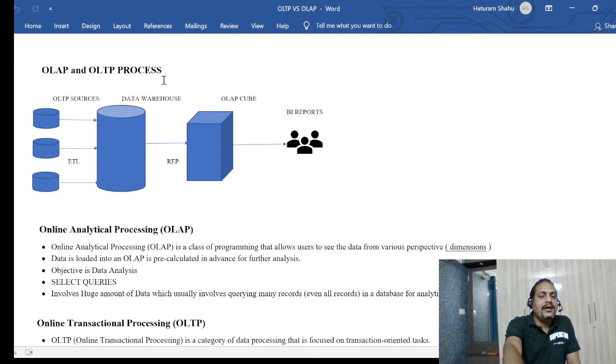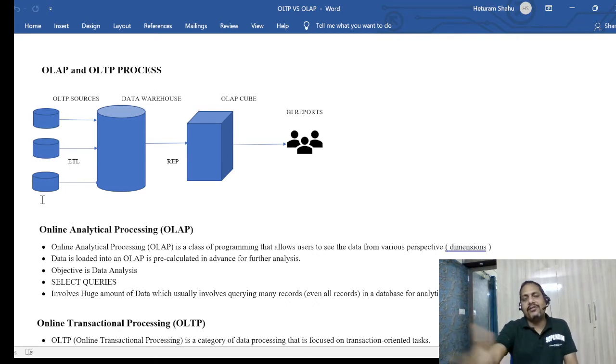Let's assume there is a bank ABC, and the bank offers three different services.